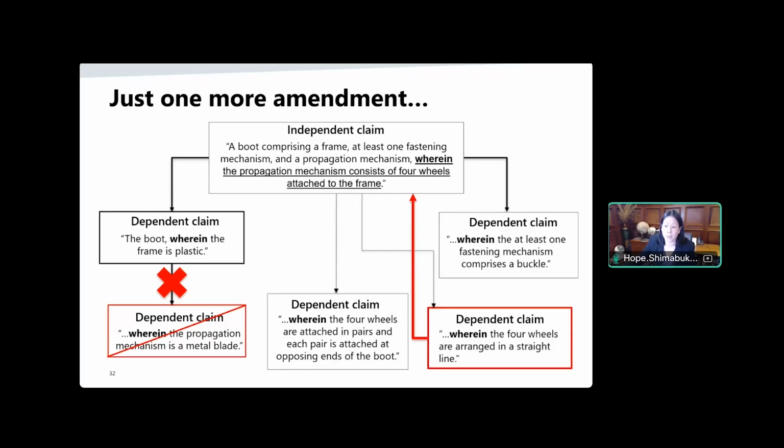So if you notice that red X over the metal blade claim, that includes that particular claim, and that one now that it's included in the independent claim should be canceled. Okay, why would it be canceled? Because claim 1 requires the propagation mechanism consists of 4 wheels, and a metal blade is not 4 wheels, so this claim directly conflicts with independent claim.